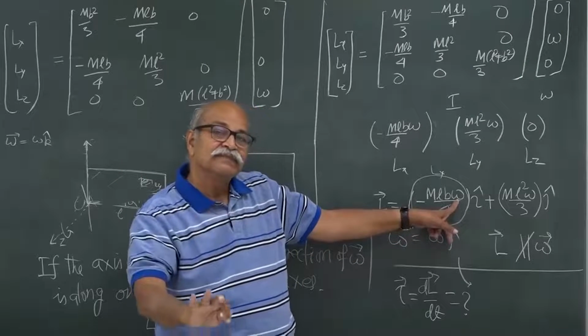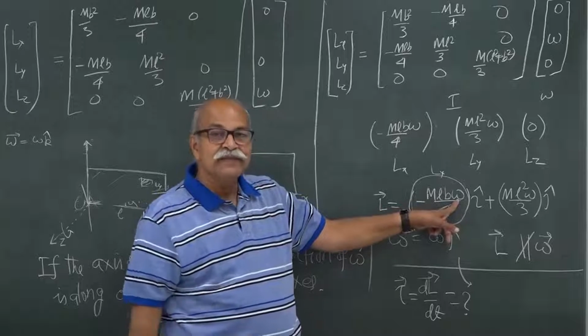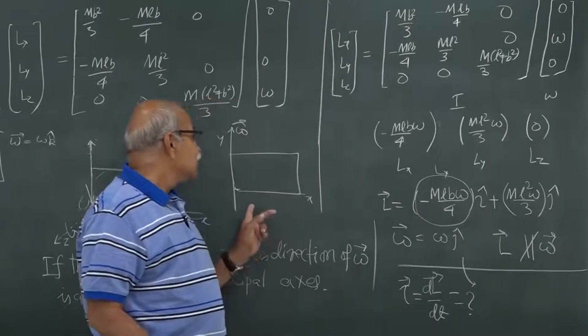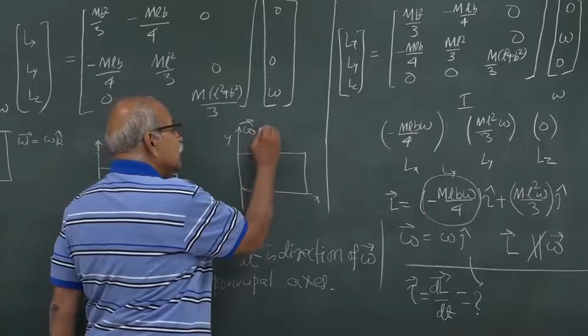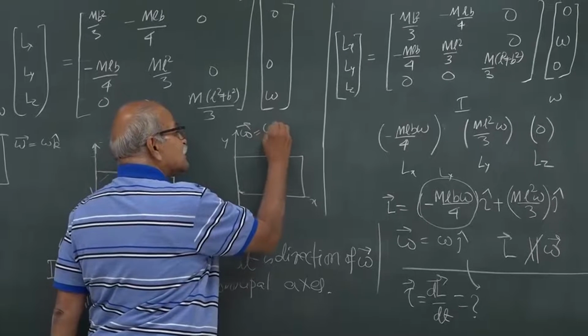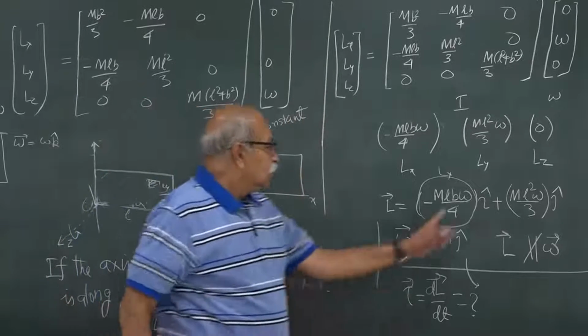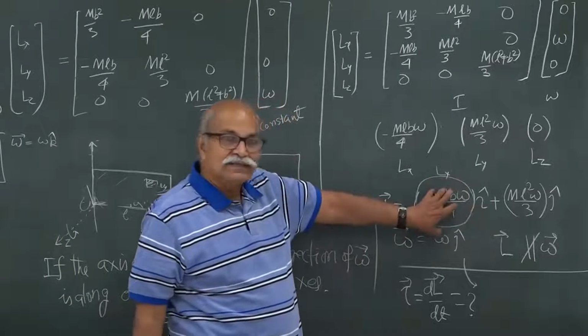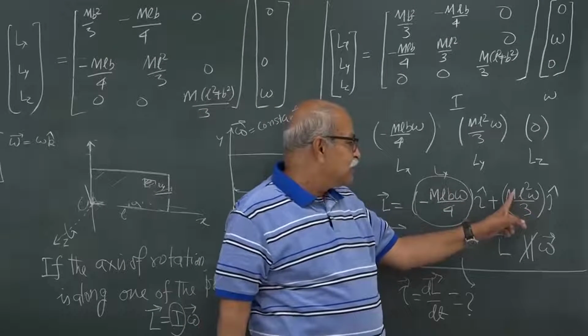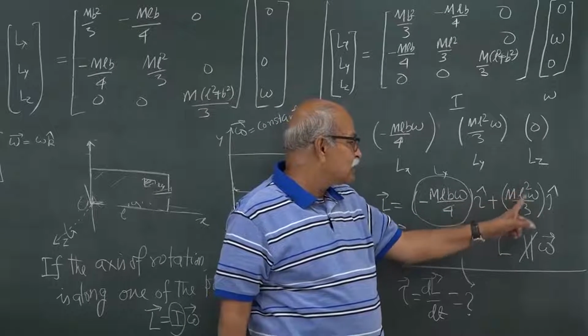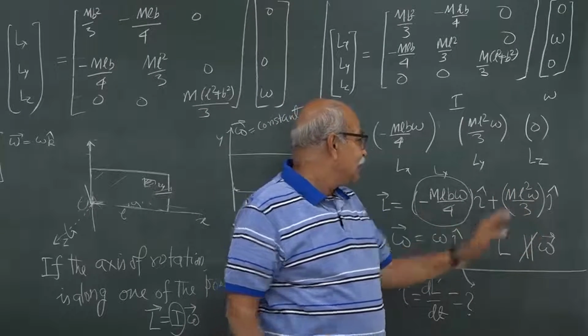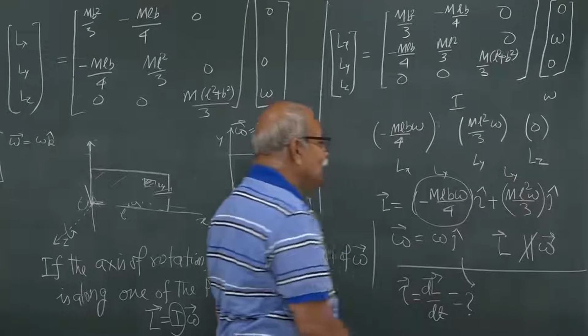I give you this plate is rotating about this y axis with a uniform velocity omega. So, this omega does not change with time, constant. So, this Lx is constant. Come to Ly: m is constant, mass, L square constant, omega constant, 3 constant. Lx is constant, Ly is constant.